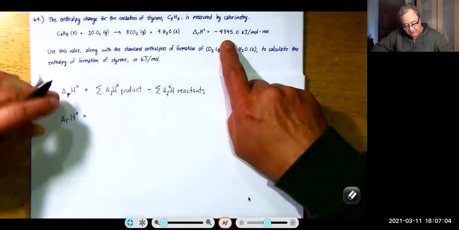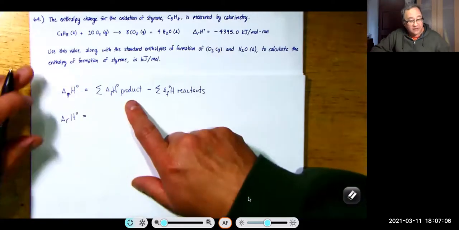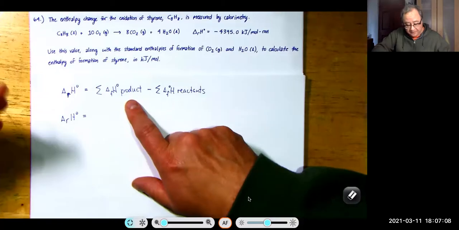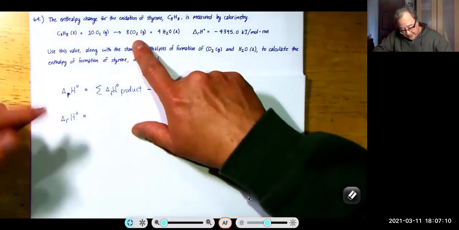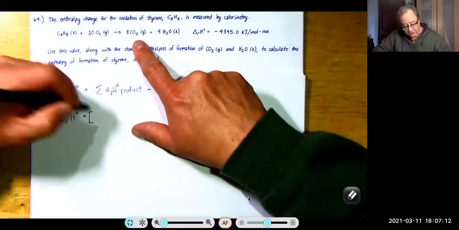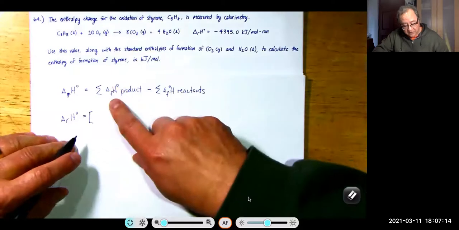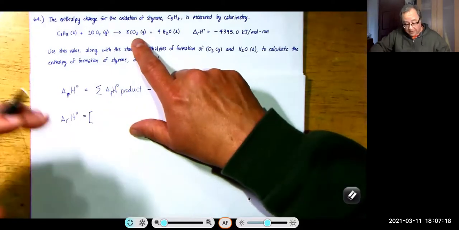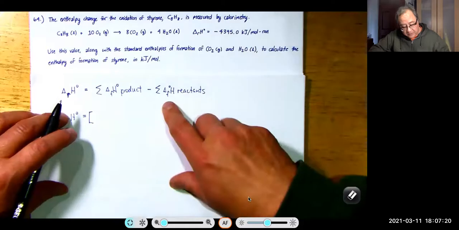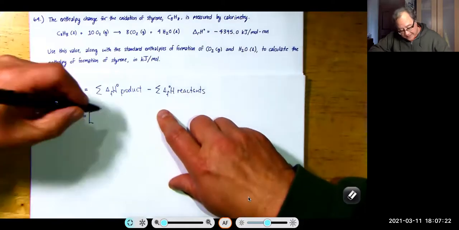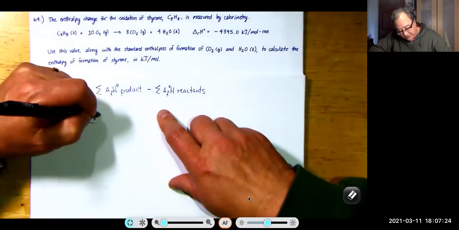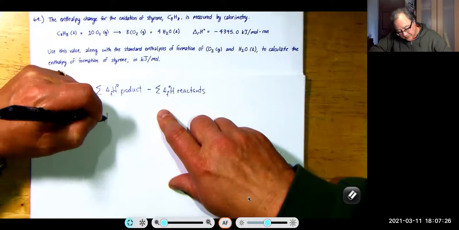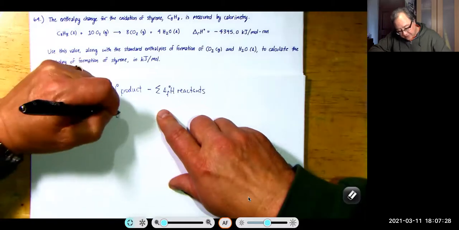So what I'm going to do is first start with the standard enthalpies of formation of the products. You'll notice we have CO2 gas. To get the standard enthalpy of formation of these products, we want to do this per mole of reaction. So in general, we're just going to take 8 times the standard enthalpy of formation of CO2 gas.